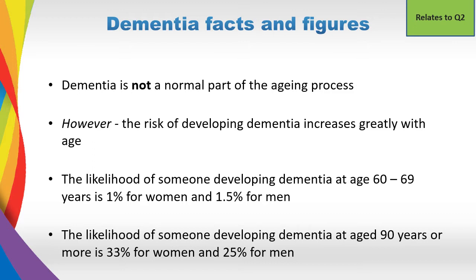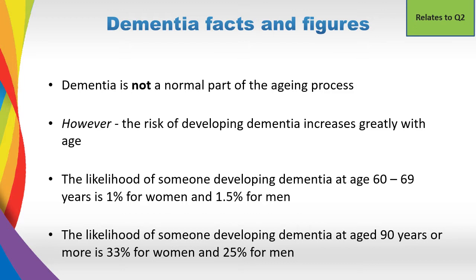So the likelihood of somebody developing dementia at age 60 to 69 is 1% for women and 1.5% for men. However, as we get older, the likelihood of developing dementia at age 90 or over is more than 33% for women and 25% for men.